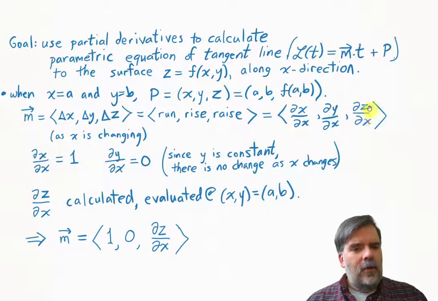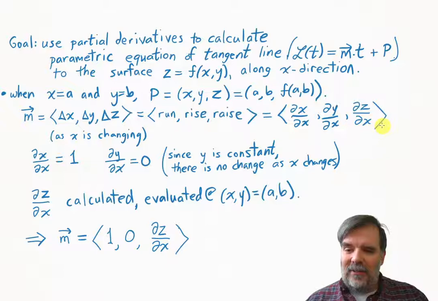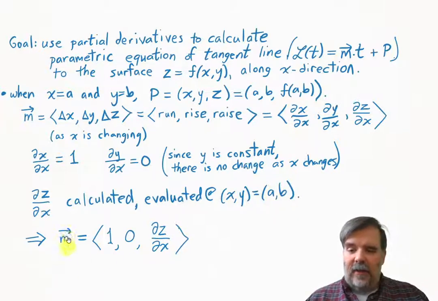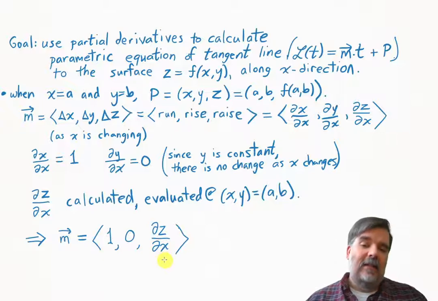And then this third component, dz dx, these are the partial derivatives that we learned how to calculate in a previous lesson. So this is the partial derivative calculated and evaluated at that point. So the slope of the tangent line, vector m, is equal to the vector 1, 0, and the partial derivative dz dx.